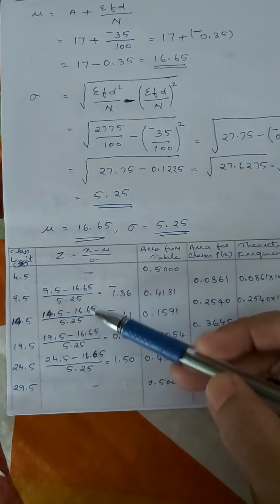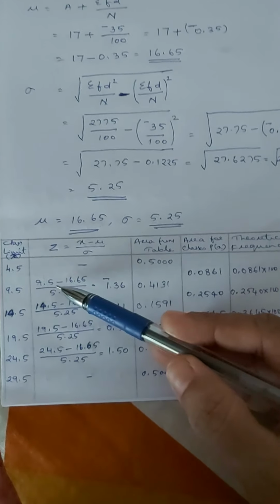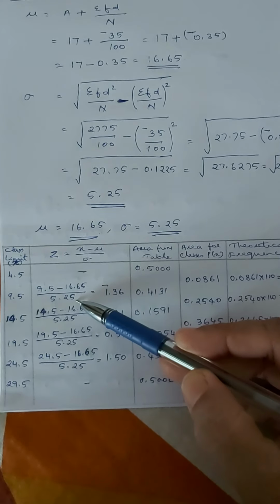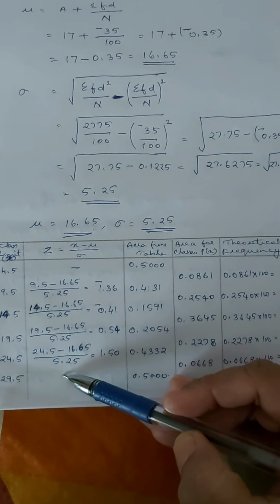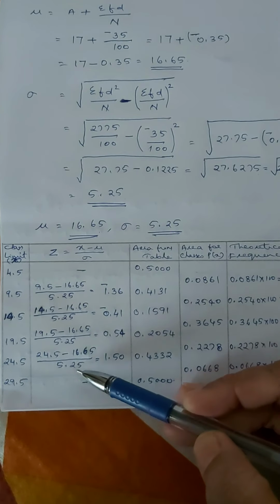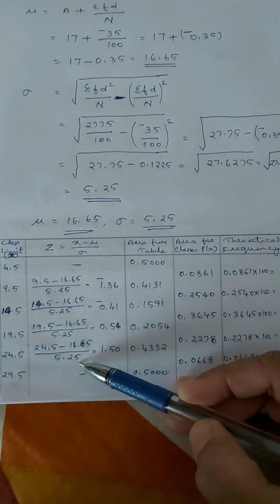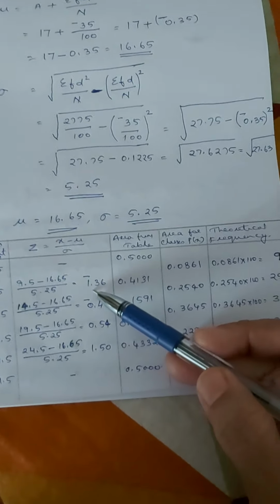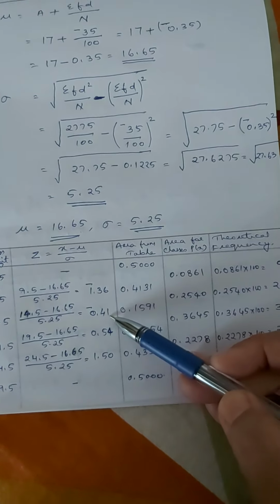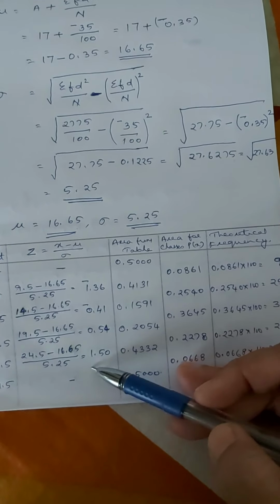So you need to calculate only this much. So 9.5 minus 16.65 divided by 5.25, and finally 24.5 minus 16.65 divided by 5.25. The z values are minus 1.36, minus 0.41, 0.54, 1.50.